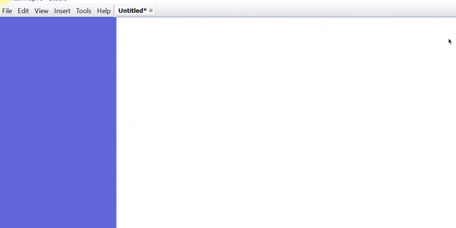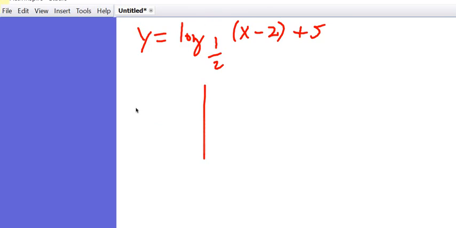All right, let's do another one. So if I had y equals log base 1/2 of x minus 2, plus 5. Okay, let's do it. All right, so I'm going to go ahead and put some tick marks here.